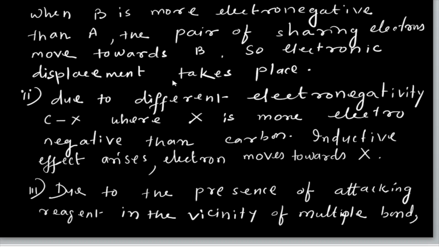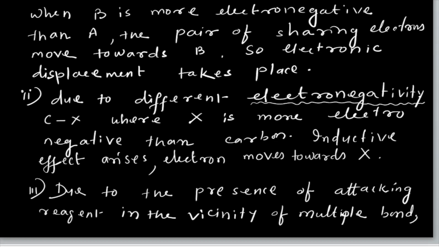Electronegativity is the tendency to attract electrons towards itself. If the electron is attracted towards B, then the electronegativity of B is more.